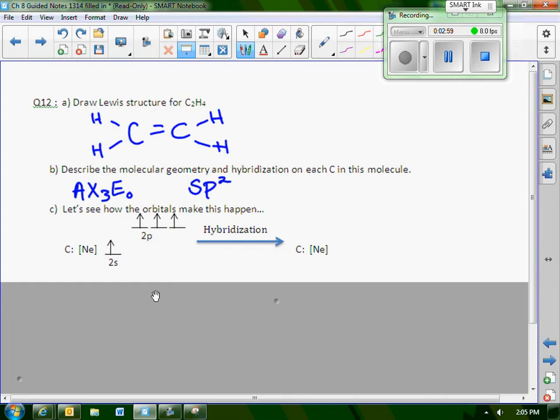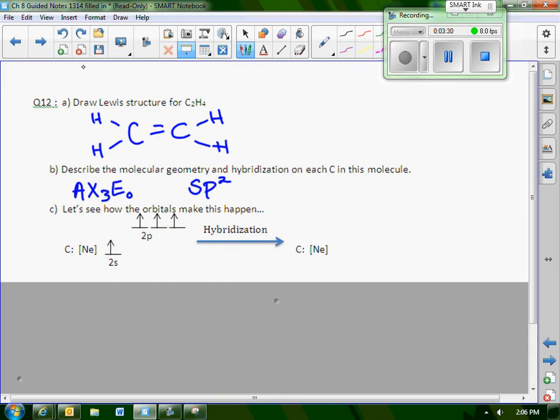All right. So it says, let's see how the orbitals make this happen. So we've got our carbon, which is like neon, with a 2s and 3 2p orbitals. Okay, and so we have 4 electrons here that are able to bond. All right, and when we hybridize, we know here that we have 1 sigma bond here, 1 sigma bond here, and 1 sigma bond here, and then this bond right here is a pi bond.